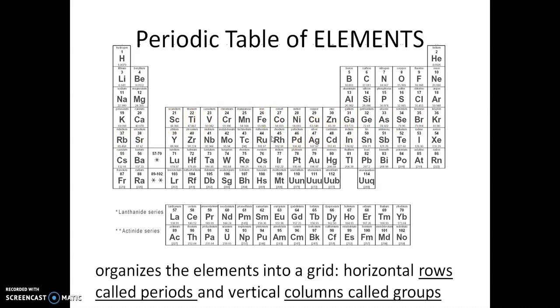That's why it's called a periodic table, because these guys are called periods. And then the vertical ones, like from top to bottom, those guys are called groups or families. Okay? And they're called groups or families because they all have similar characteristics, and it makes it wonderful. We'll talk about that later too.